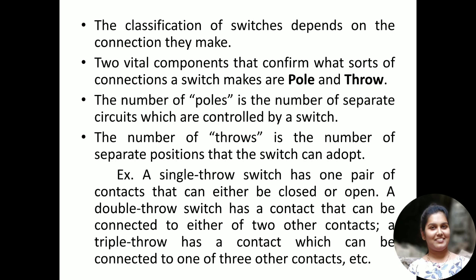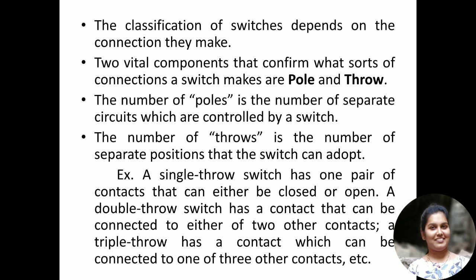So we say that a normal switch which has a single throw has one pair of contacts that can either be closed or open. A double pole switch has a contact that can be connected to either of two other contacts. For example, if we again take a light dimmer circuit, or volume controllers or fan regulators, they have more than one position that they can take.